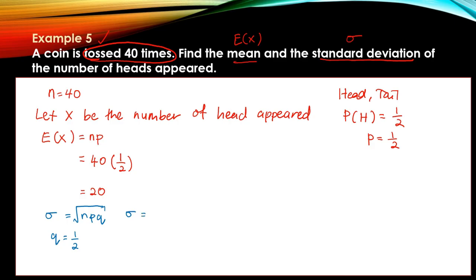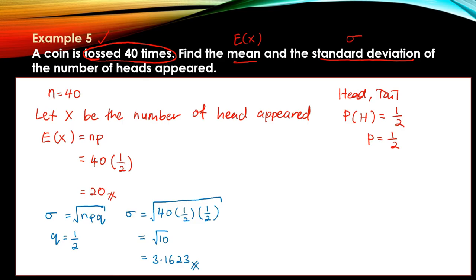Therefore, our sigma will be equal to the square root of n is 40, p is 1/2, q is also 1/2. So just press your calculator and you will get sigma. The final answer will be equal to 3.1623. And this is the expected value or mean.